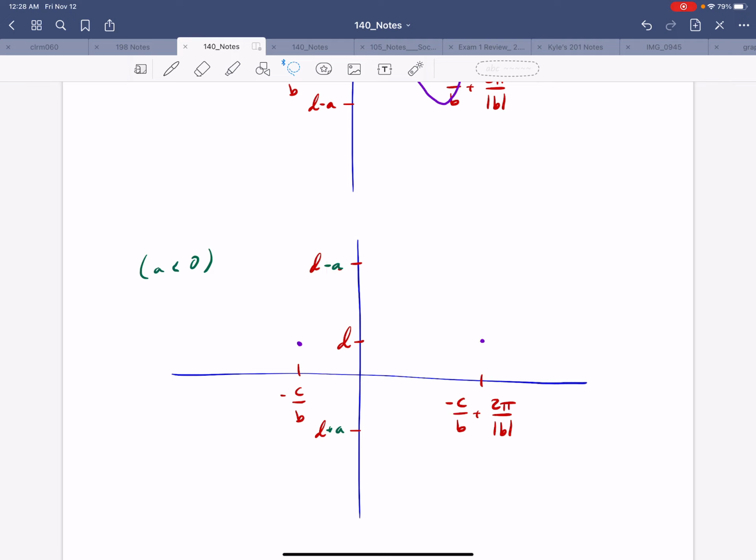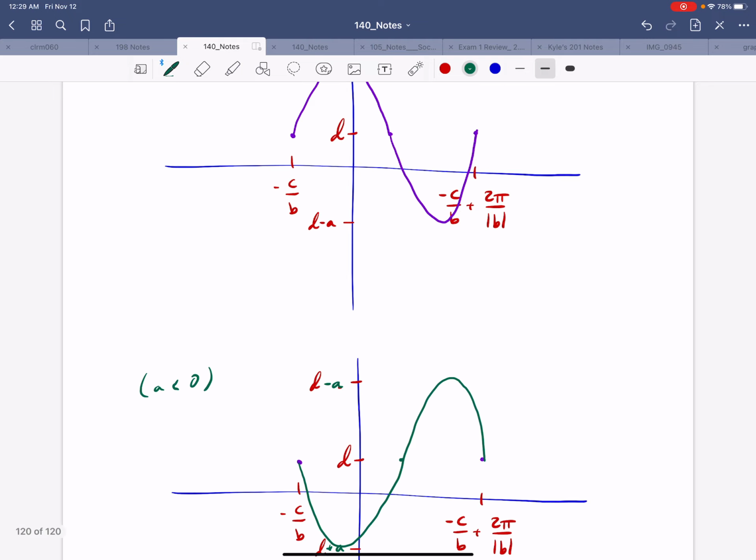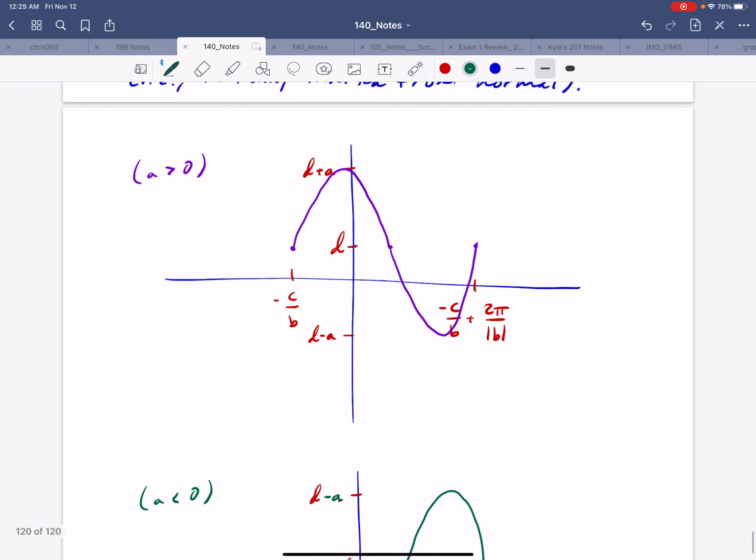Maybe I'll just eliminate this and draw it again. We're going down. Down. Up. And there. Well, maybe a little too far. There you go. So that's the inverted. It's just inverted.